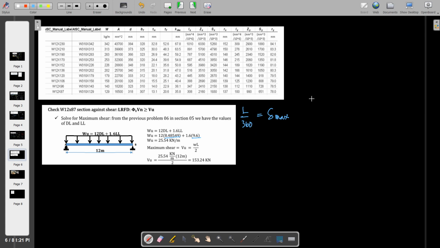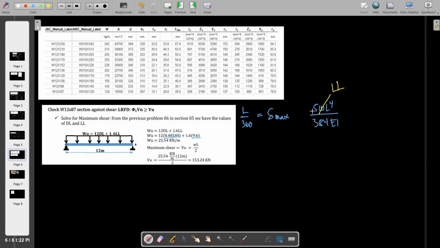But you have to check the deformation using the formula 5WL^4 over 384 times EI, considering that your W here is live load only.